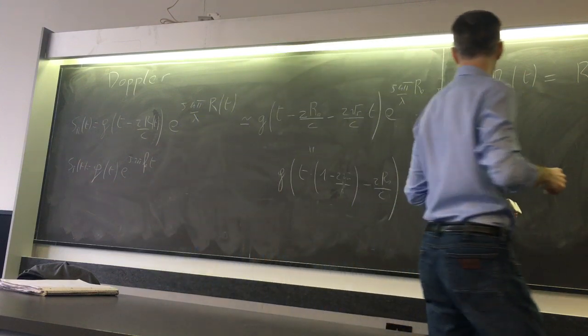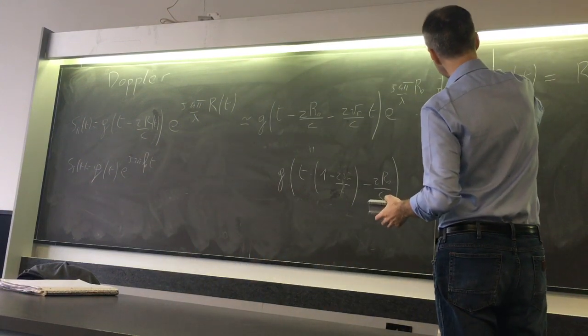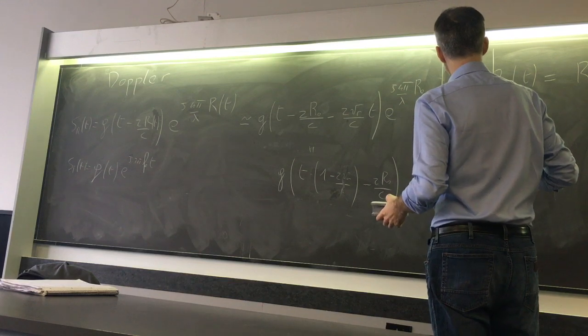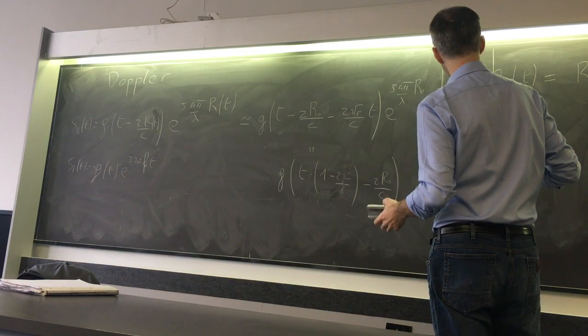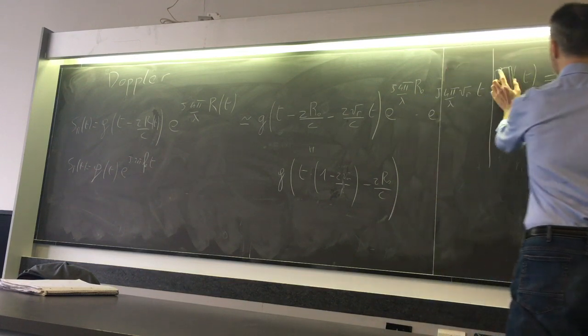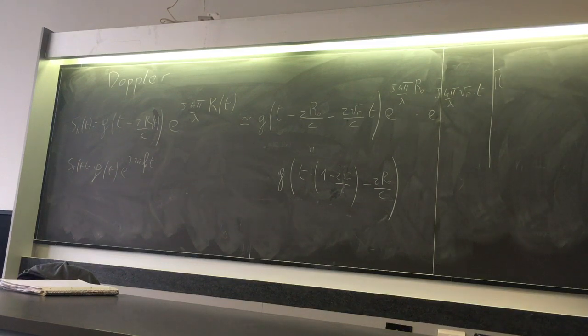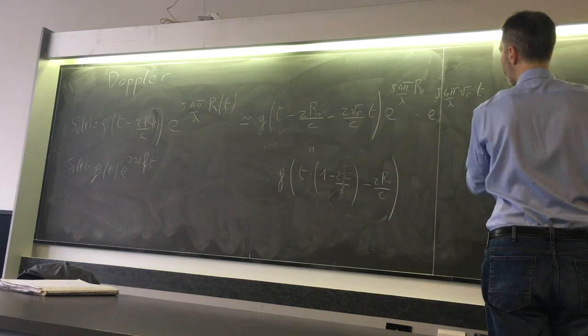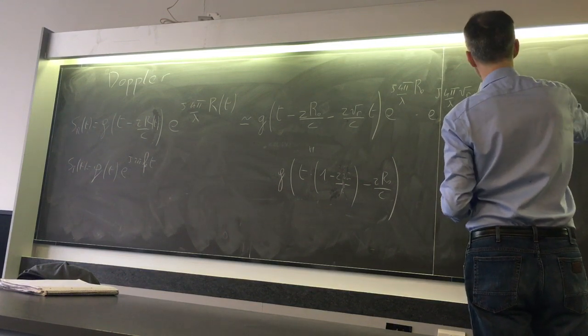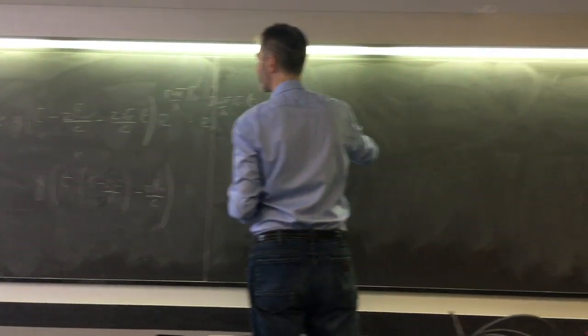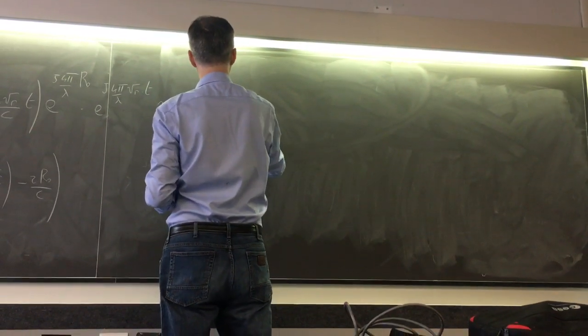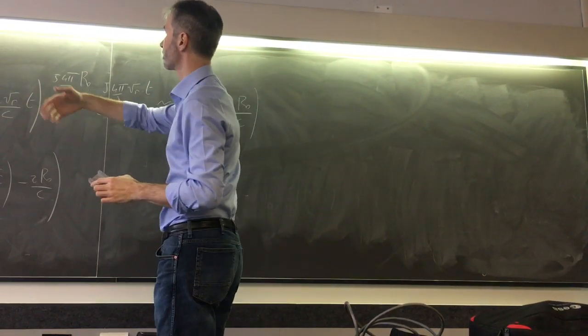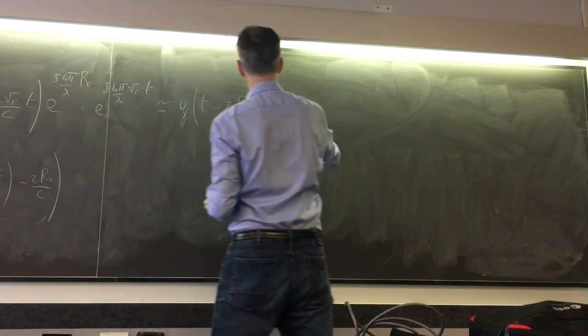This is a term that you can rewrite. So let's say then that we further approximate this as g of t minus the delay. So I'm neglecting the velocity here.